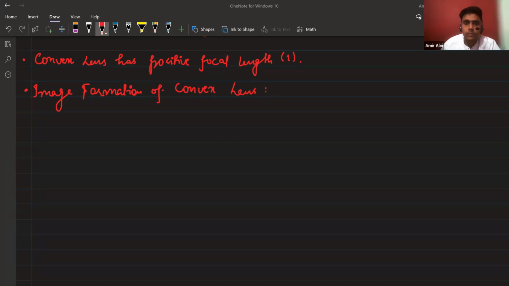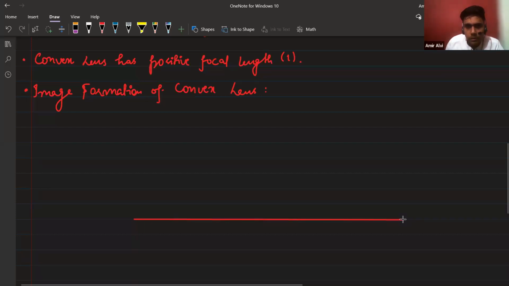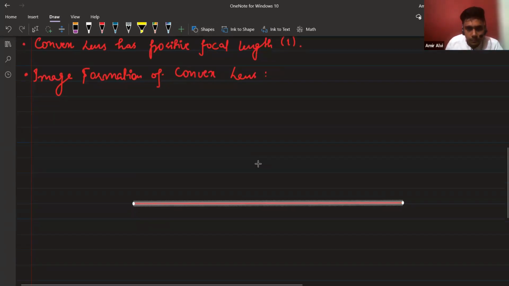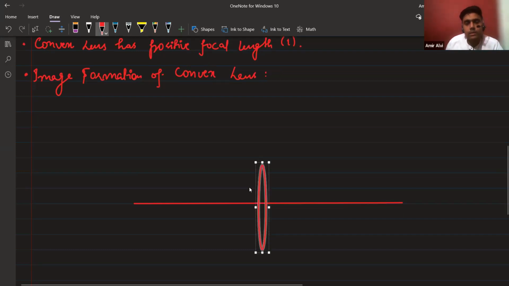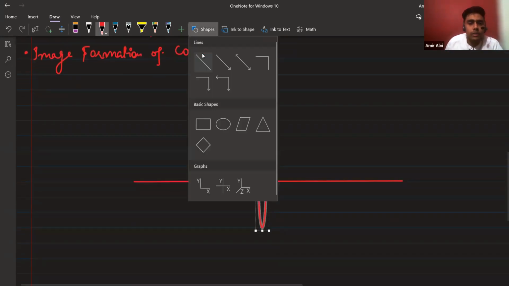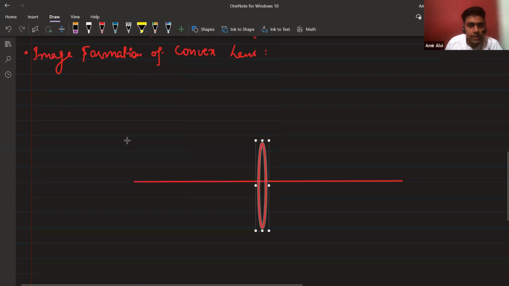So let's draw the thing. It's a convex lens. Clear? And the object is placed at infinity.